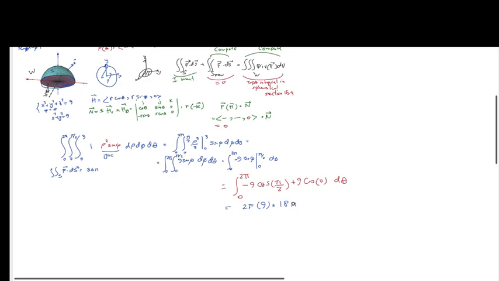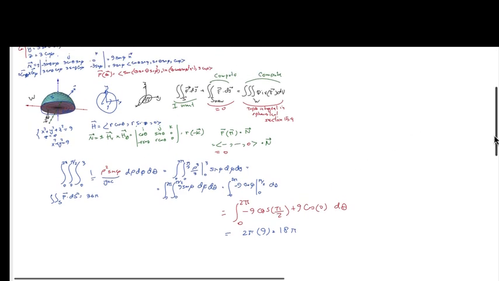Now this is the triple integral of the divergence that we computed right here. Going back up, this is what we computed, and that's 18 pi, and this other alternative surface integral was 0.